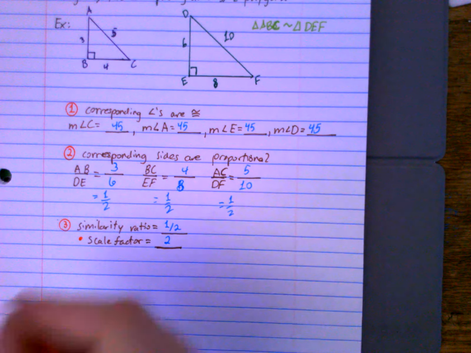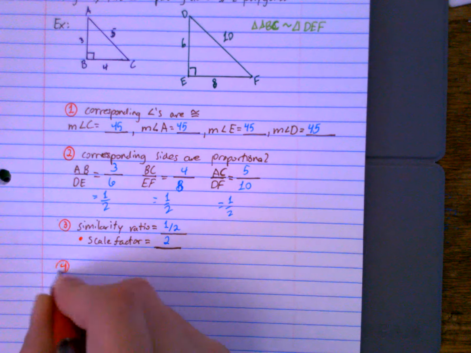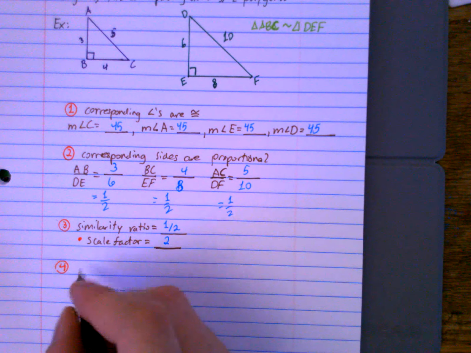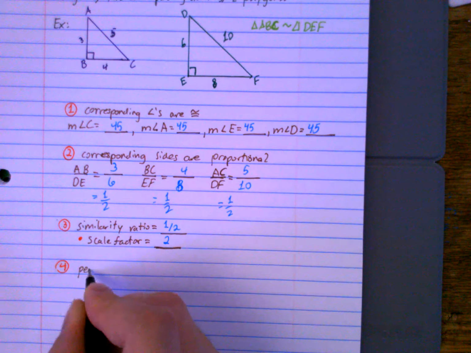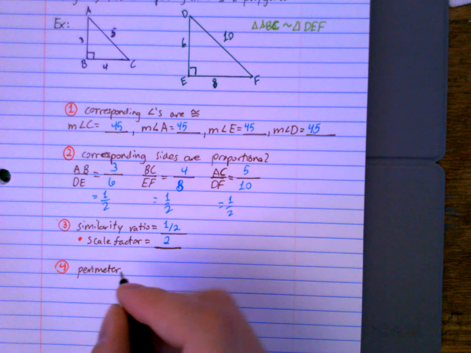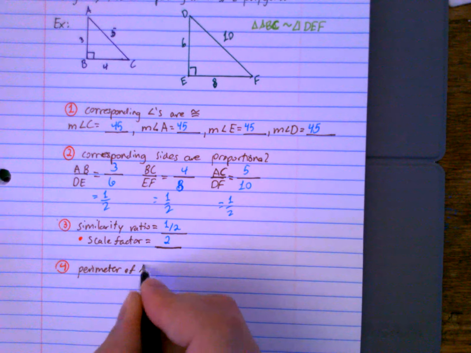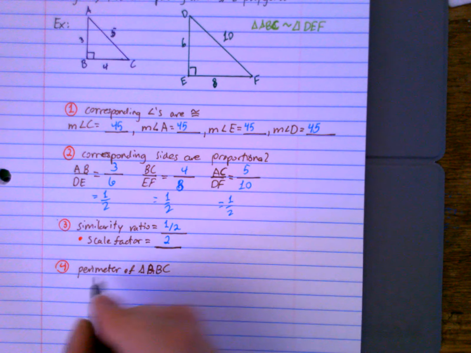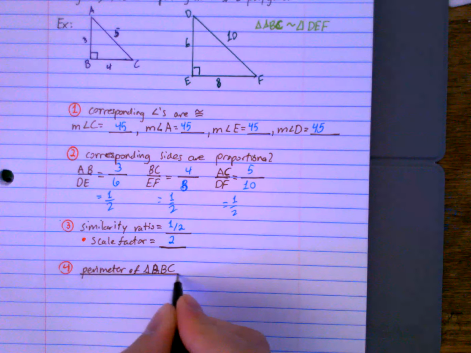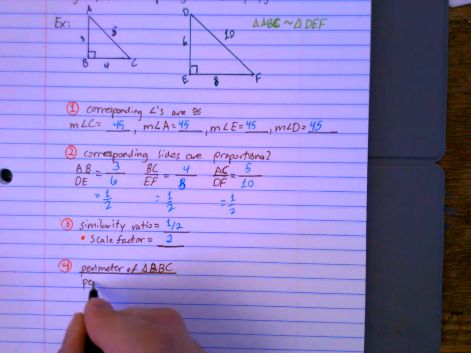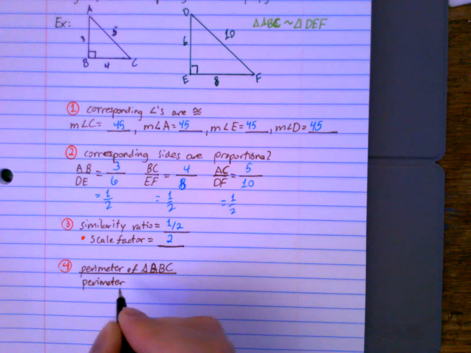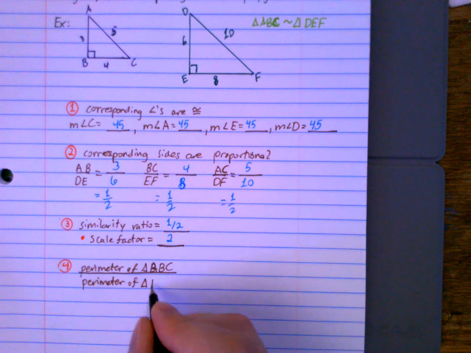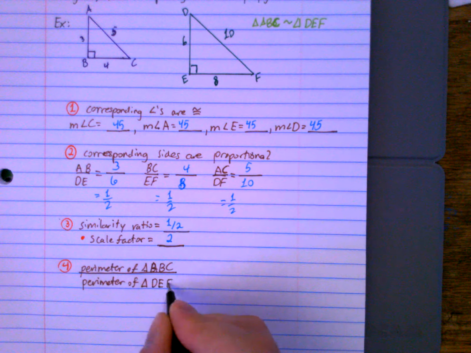And just because it's interesting, if we look at the perimeter of triangle ABC over the perimeter of triangle DEF.